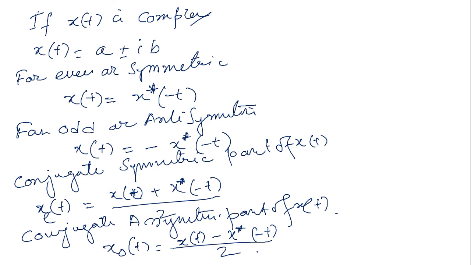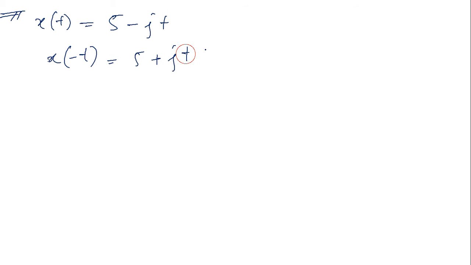Now for example, I am taking one problem: x of t equals 5 minus jt. So x of minus t equals 5 plus jt, and the conjugate of x of minus t is 5 minus jt.